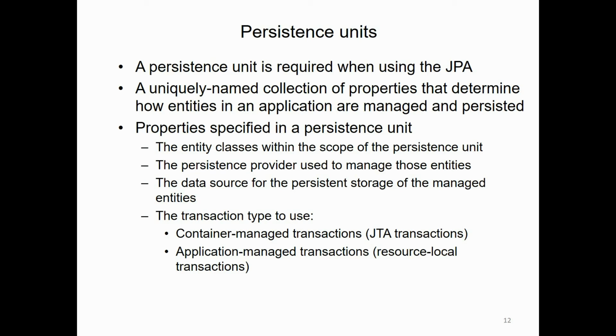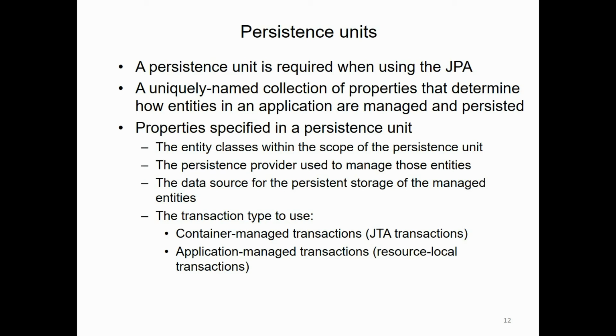Now, the persistence unit is a collection of properties that determine how the entities are managed. We can also indicate which entity classes are going to be within the scope of management for this persistence unit. So your database might have many tables, but you're only interested in your particular application in managing a few of those tables.